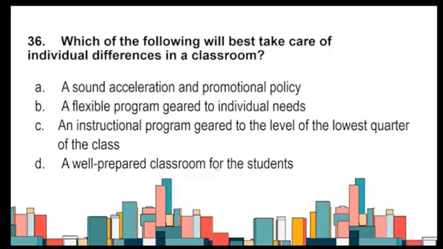So the answer there is letter B. Because when we say a well-prepared classroom for the students, we are just saying it's for all the students, whether they have individual differences or they have the same learning capacities, no? So there is no individualization. So that's why we need a flexible program geared to individual needs of the learners.